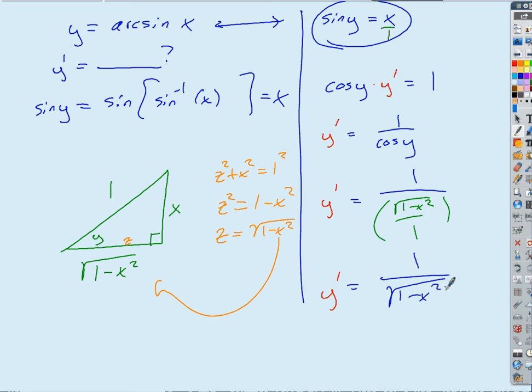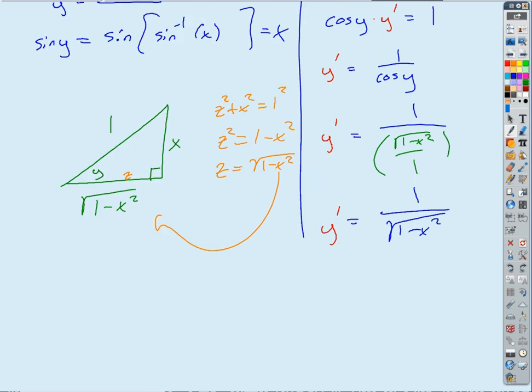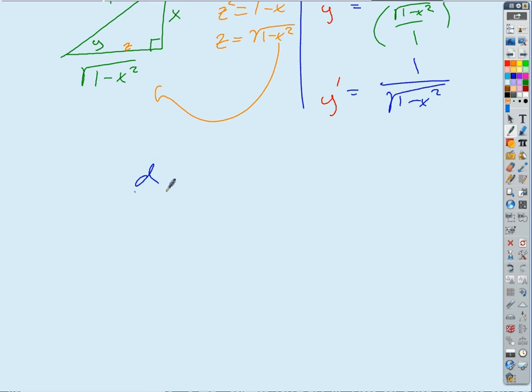We got it. So that's our answer to what is the derivative of arc sine x. We know that the derivative with respect to x of y, which was arc sine x, equals 1 over the square root of 1 minus x squared.